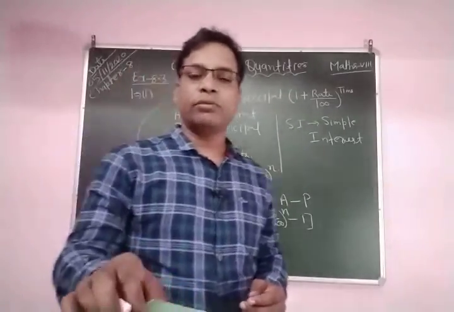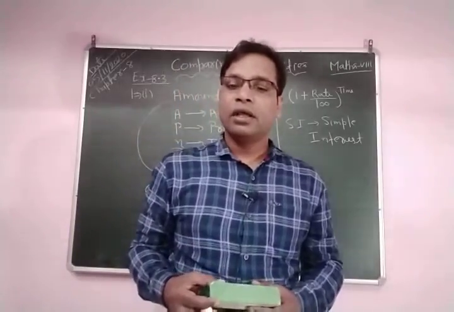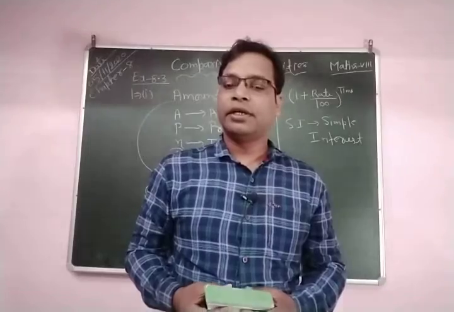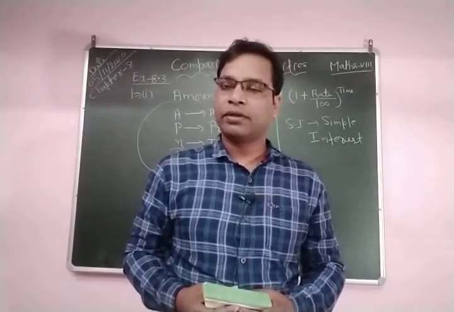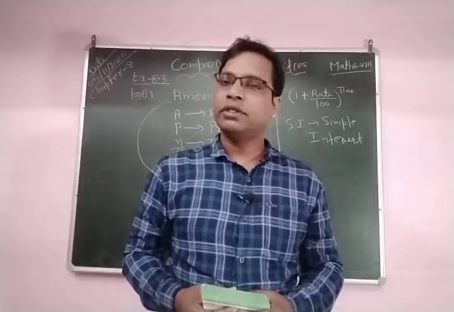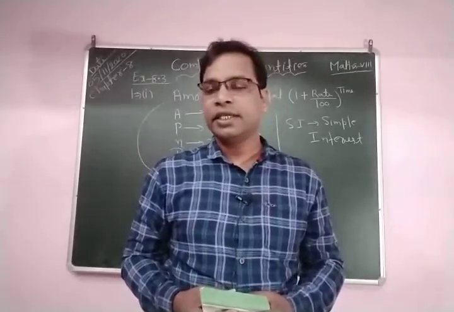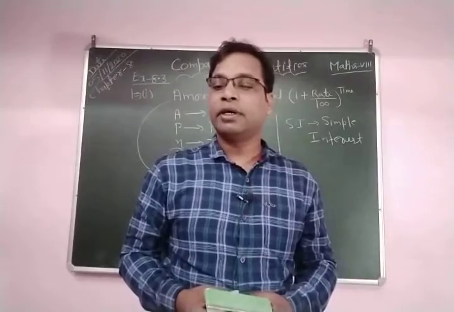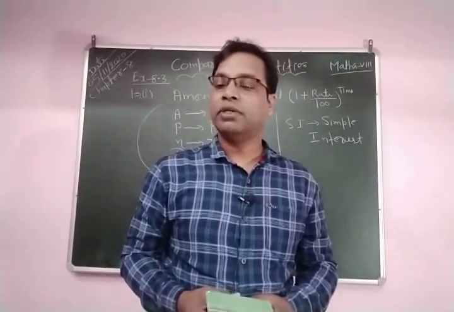Okay, so in question number 1, part A, it is given that the principal is 10,800 for 3 years. 3 years is the time, at 12 and a half percent per annum compounded annually.